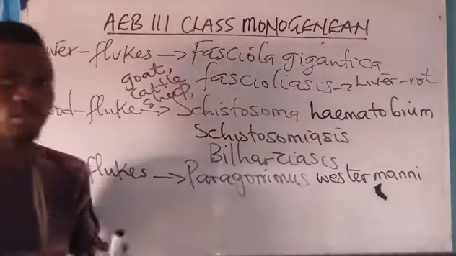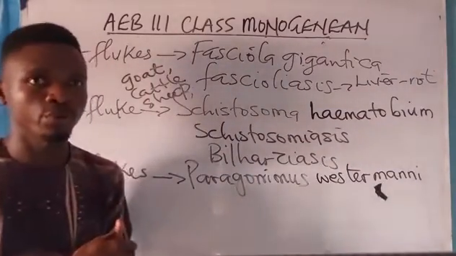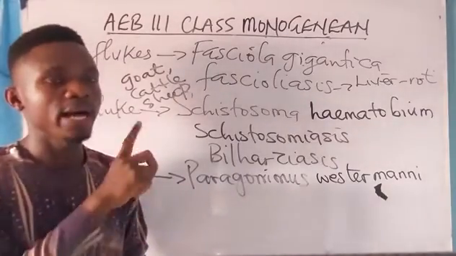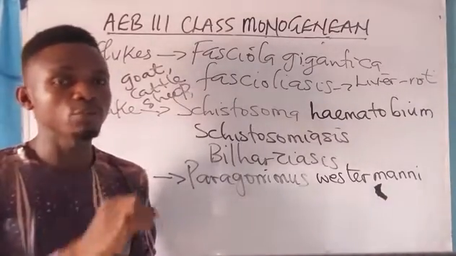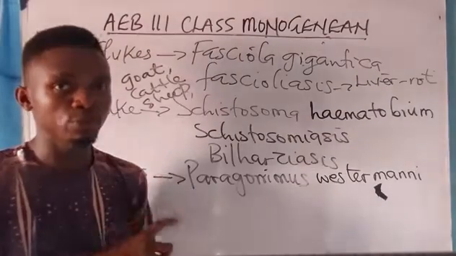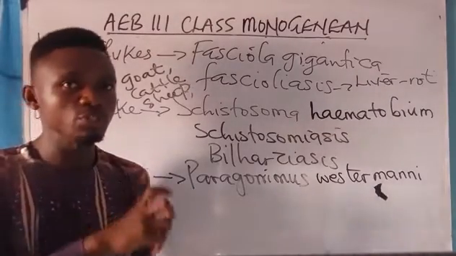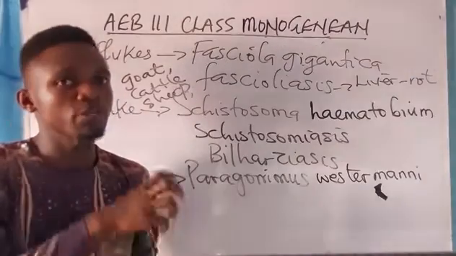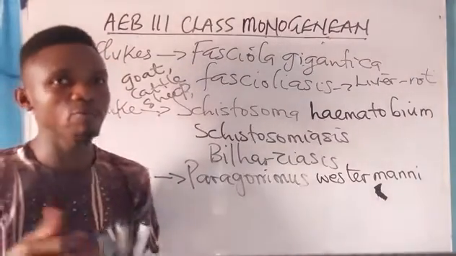So, which means that the liver fluke is Fasciola gigantica and is found in the liver mostly, and blood fluke, you have it to be what? Schistosoma haematobium. The disease called schistosomiasis or bilharziasis is caused by Schistosoma species. You now have some found in the lungs.